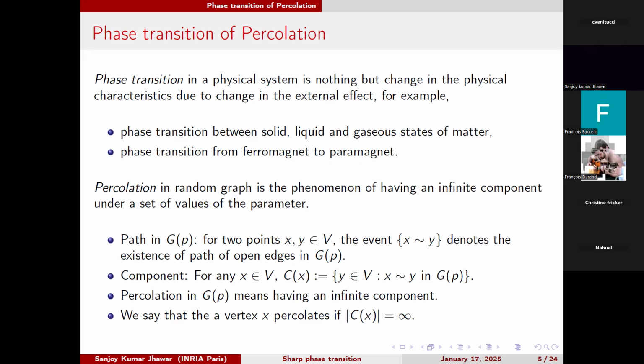We say that a particular vertex x percolates if its component is infinite in the infinite system. If you are looking at a finite system with n vertices, and the size of the component of x is roughly at the scale of n, then we say that in the finite system the component containing that vertex percolates.